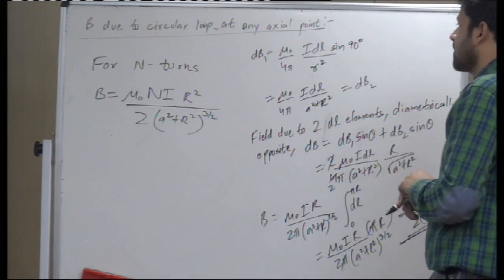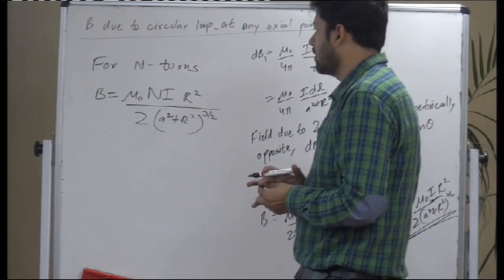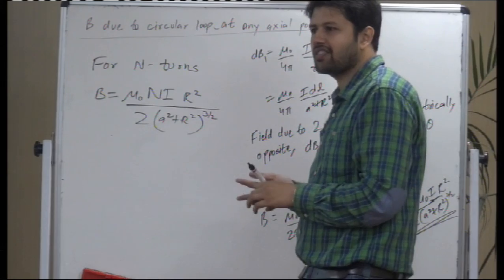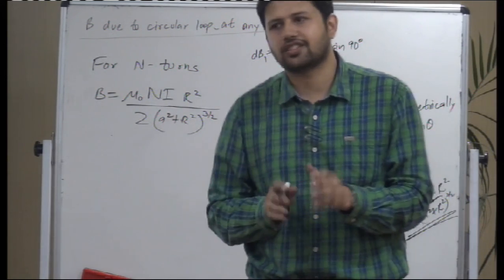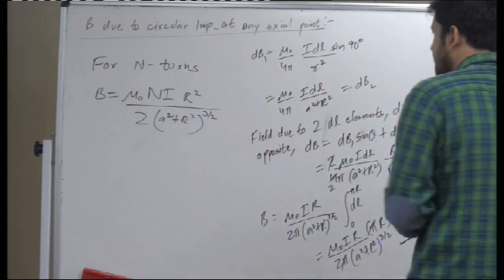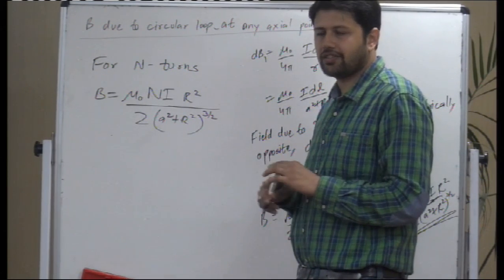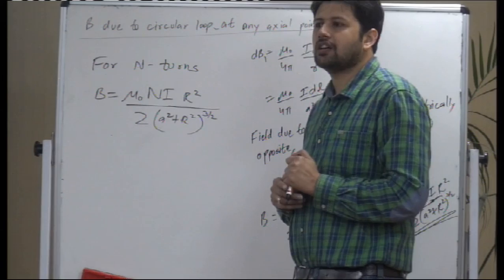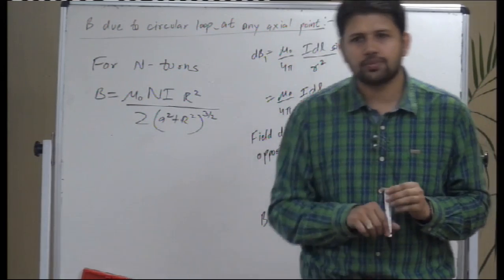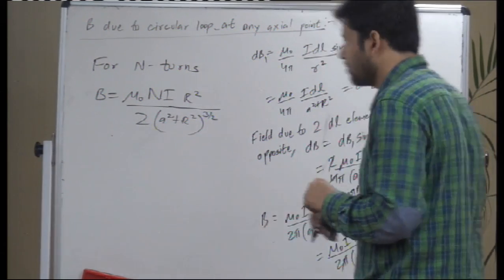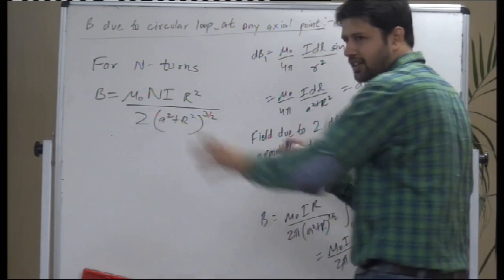Now, you obviously know that we would have some extensions to this, some special cases. If we calculate the distance for which B would be maximum, a comes out to be 0. B would be maximum when a is 0. You already know it, right?